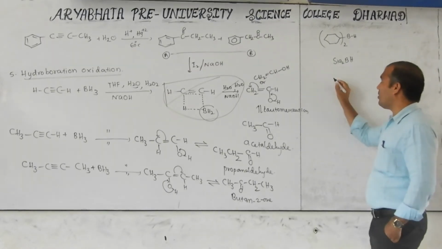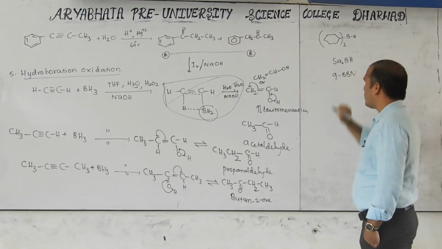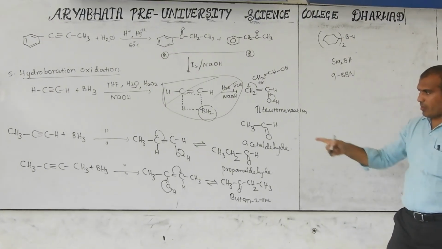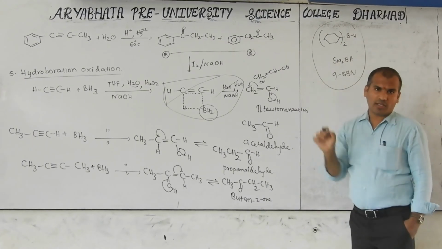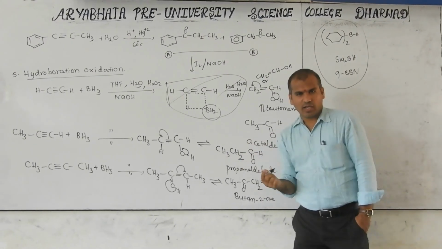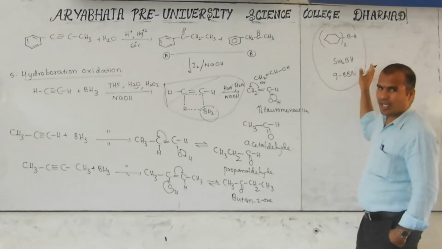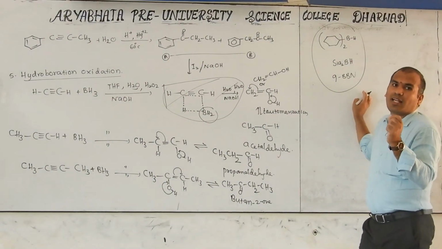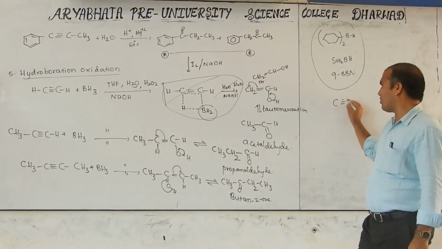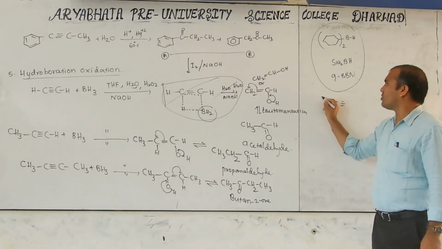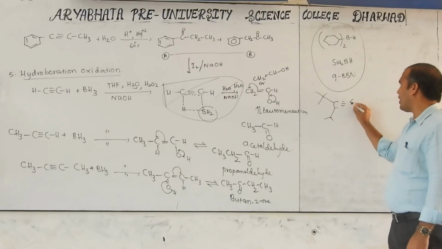This also gives the same reaction. This one also gives the same reaction. But compared with BH3, these are bulky boranes. So this is bulky boron. That's why these attack the less hindered side. If more hindered is there, this triple bond, here like this group is there, but here like this only.